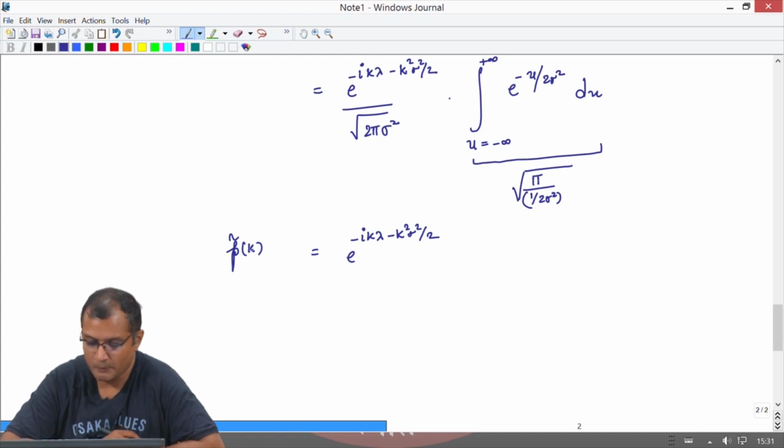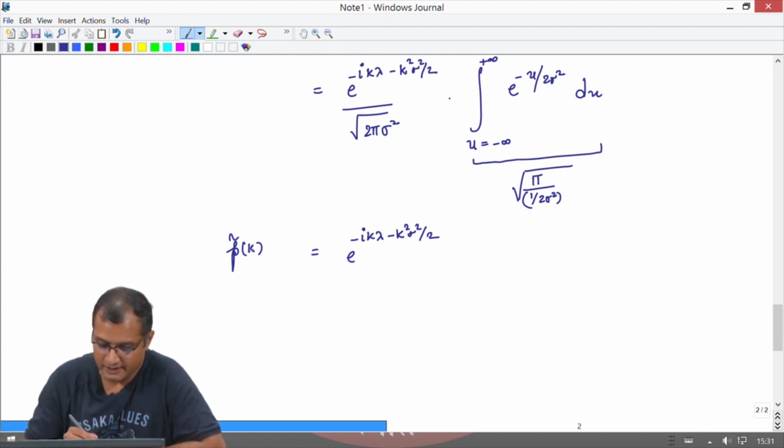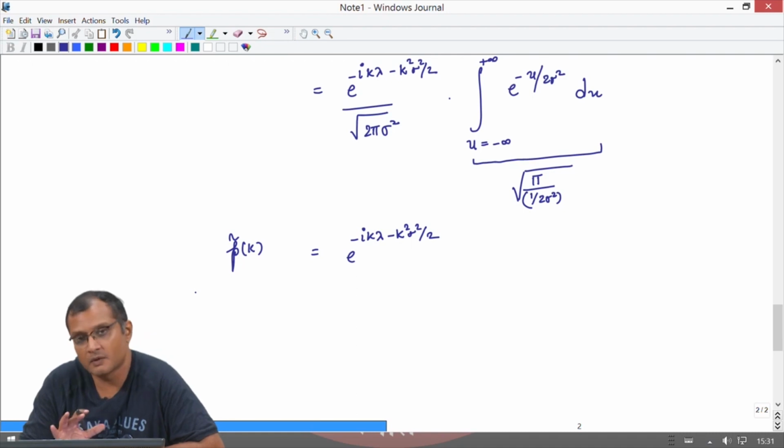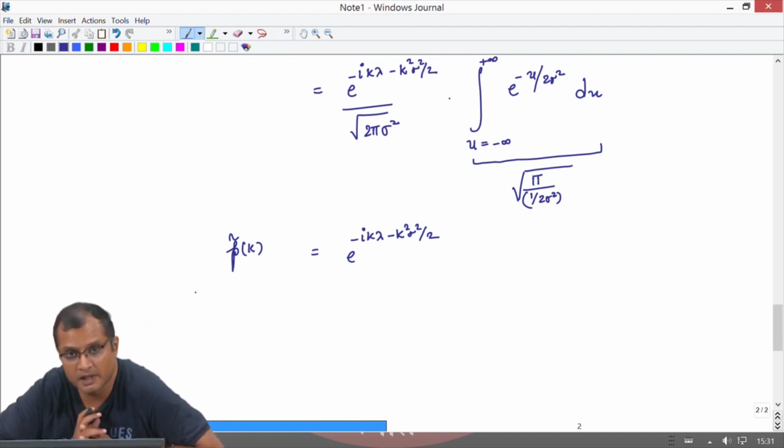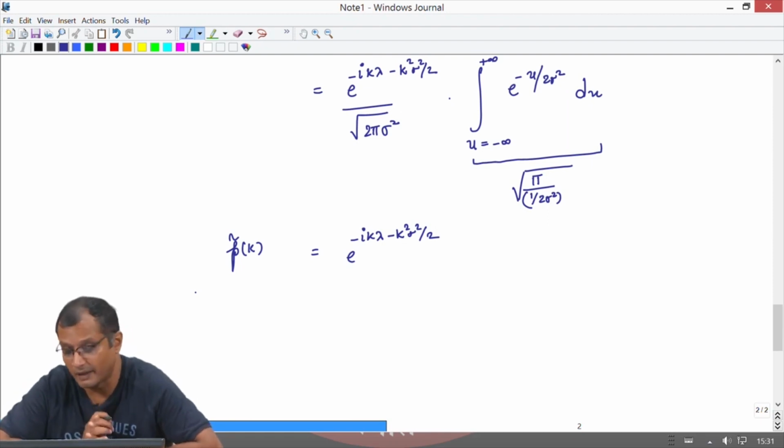Now, you can see very easily that, as I said in the beginning, the Gaussian distribution is the only distribution that is completely specified by its first two cumulants, and here we see why.